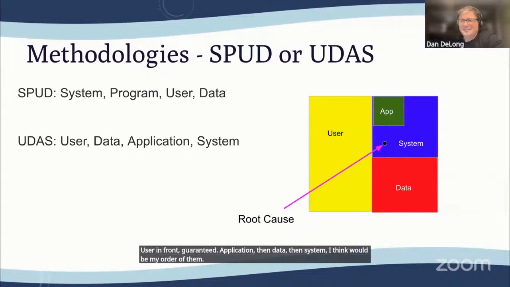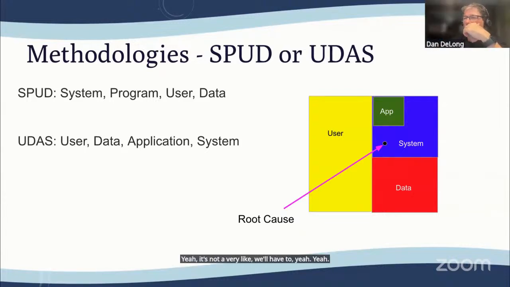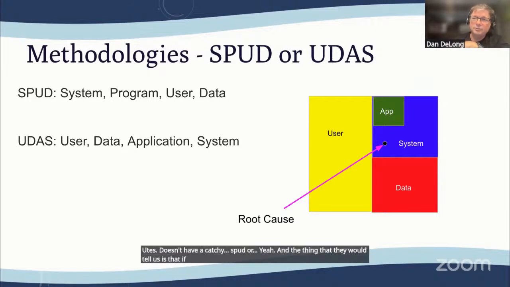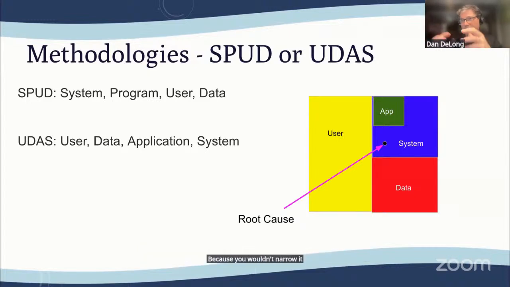It doesn't have a catchy acronym like SPUD. And the thing that they would tell us is that if you don't use UDOS, that's what would happen, because you would end up getting that spider behind you because you wouldn't narrow it down in that particular fashion.